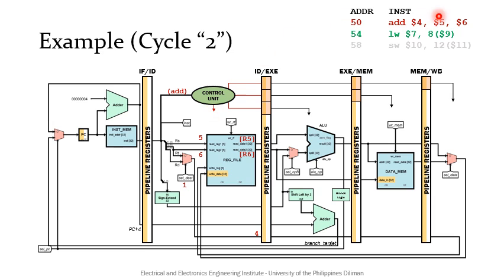The contents of registers 5 and 6, which we need, are fetched while the write register number, which is 4, is passed to the IDEX register for later use.